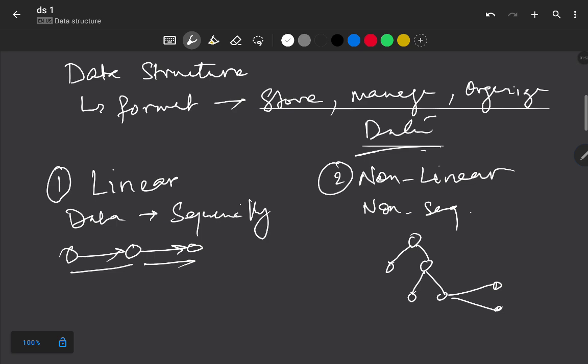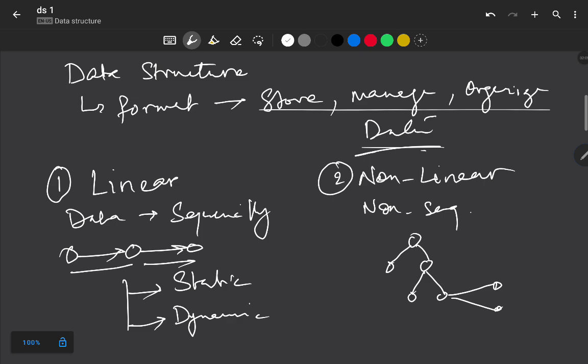Now inside linear, there are also some subdivisions. What are the two subdivisions? Primarily, one is static, and the other one is dynamic. What does static mean? Static is fixed, and dynamic is something that is not fixed.